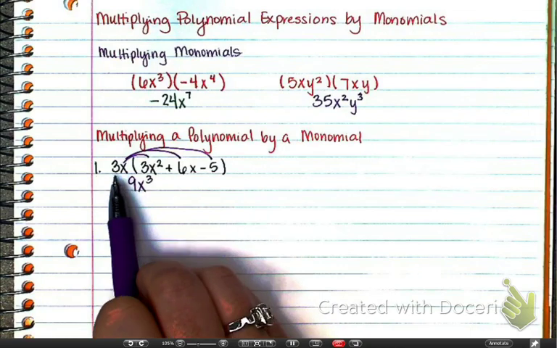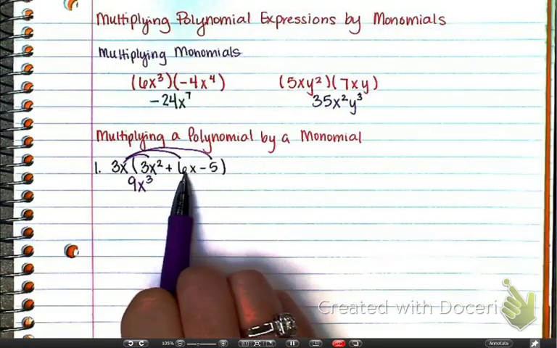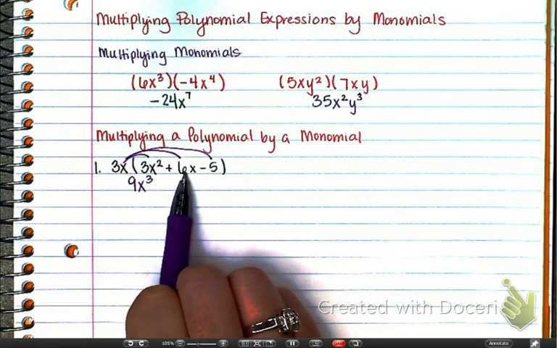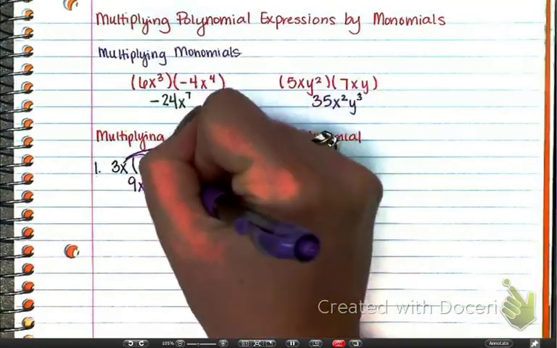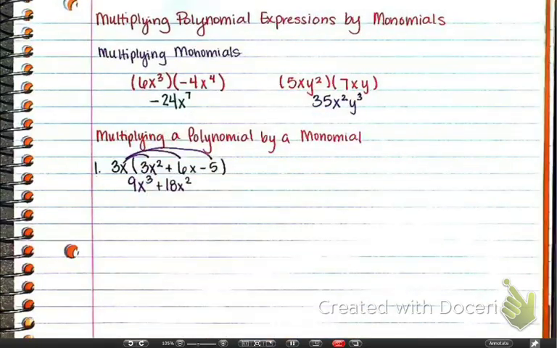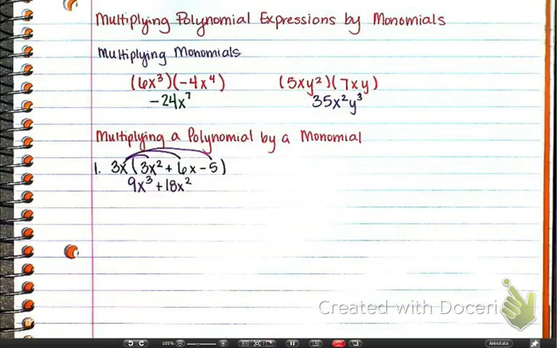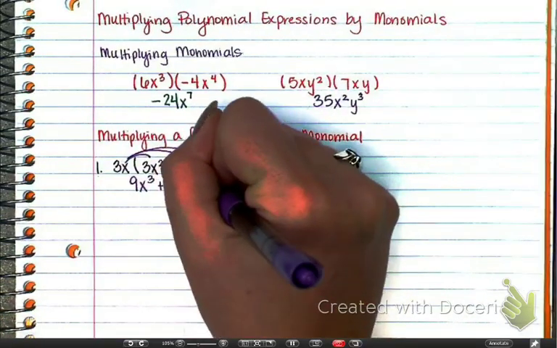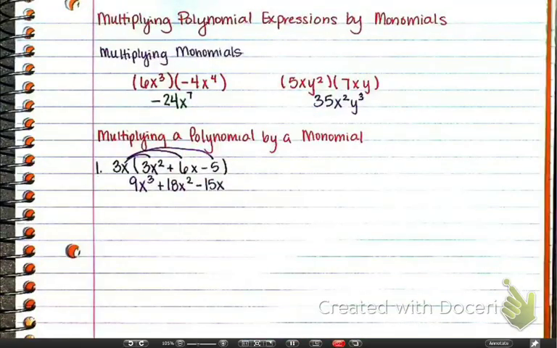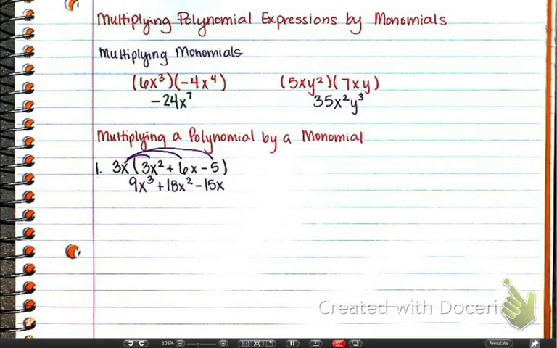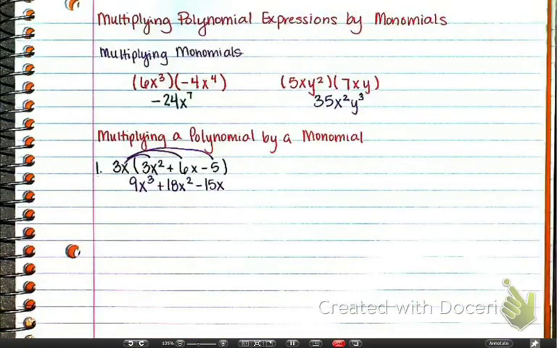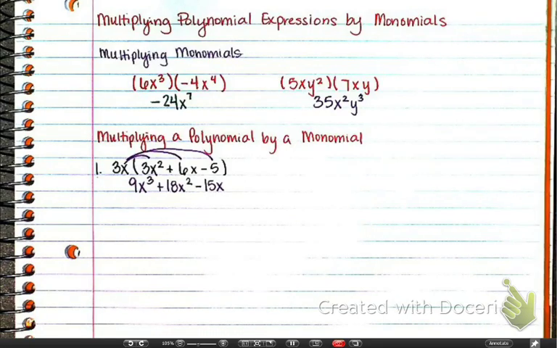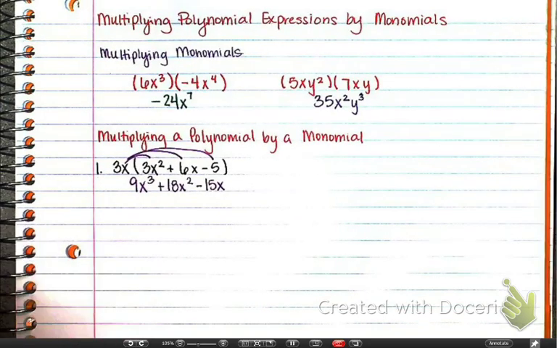We're going to do the same thing for the second term. So 3x times 6x. 3 times 6 is 18. X times x, x squared. Good. 3x times negative 5. Negative 15x. Awesome. Am I in standard form? Right? So 3, 2, 1, we're good. Are we okay with that? Not too bad?